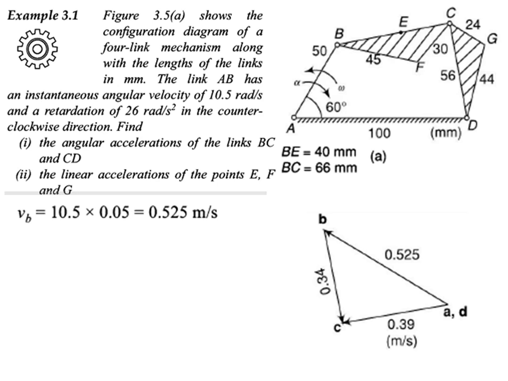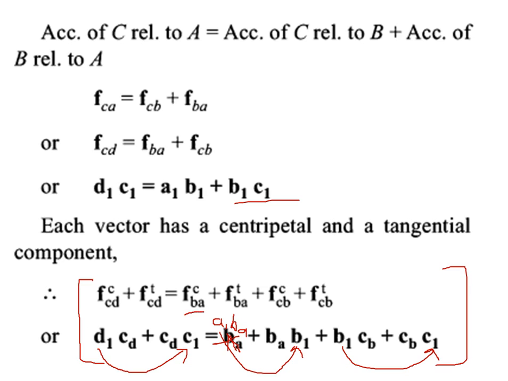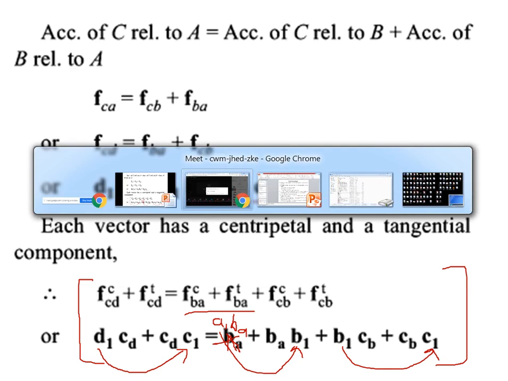From link AB, the velocity and acceleration, both components, are known to you. If you take the component BA, you will almost get the answer for this, and the others are unknown. So always take what is known to you.